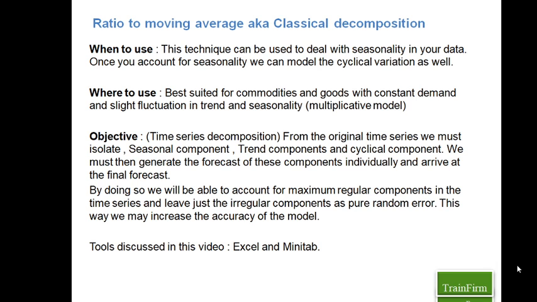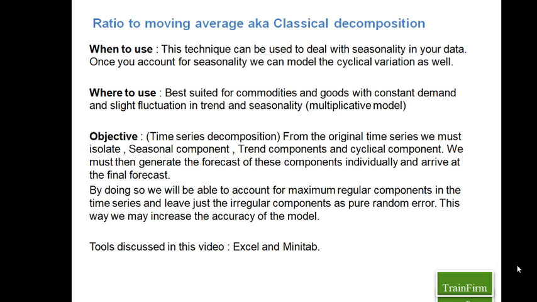Let's try and understand what is ratio to moving average. It's also known as classical decomposition, right? So when to use a ratio to moving average forecasting technique? This technique is used when there is a seasonality element or a seasonality pattern in your time series data.